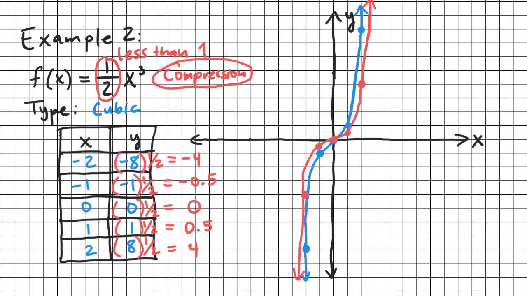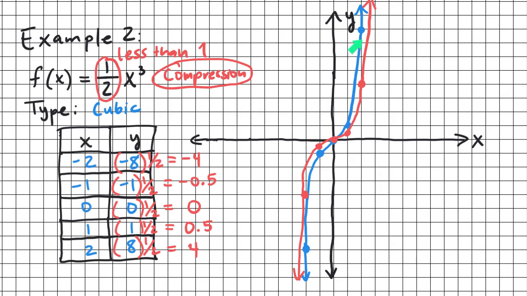So it's kind of a slight difference, but the key difference is how the points are changing, because we were changing all the y's in the table and getting new points to work with. And notice, in the parent function, when I went 2 to the right, it goes 8 steps up. But when we have a compression, in this case 1/2, it cuts the distance in half.